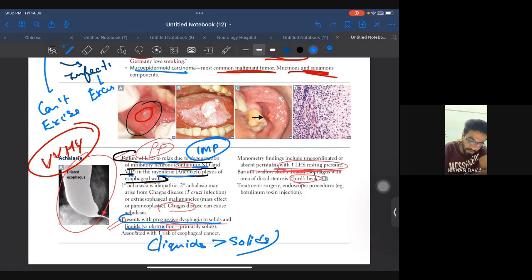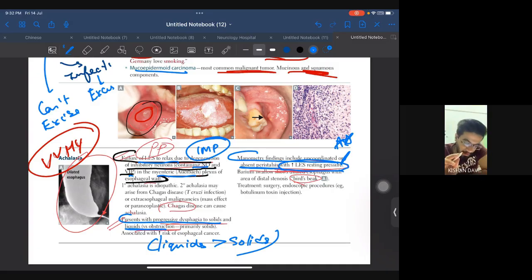Yeah, manometry findings include uncoordinated or absent peristalsis with increase in LES resting pressure. Increase in LES resting pressure is very important, because the next esophageal disorders that we are going to study, diffuse esophageal spasm and all those stuff. So there you will be asked to compare the LES resting pressure. Okay. So make sure you know LES resting pressure increase किस में होता है, normal किस में होता है, decrease किस में होता है, everything.